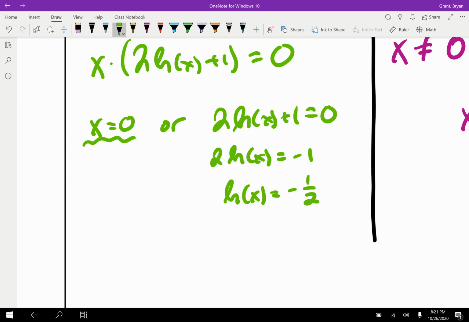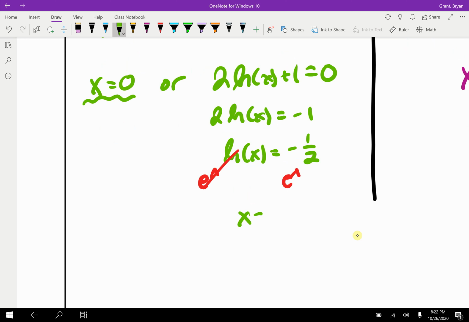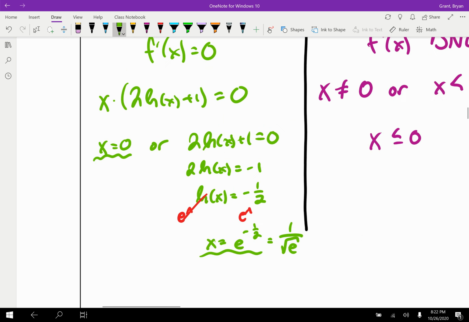Then remember how to undo natural log, and that's where we do e to the power of both sides. That finishes us off with x equals e to the negative 1/2 power. If you wanted to write this a little bit further, you could say it's 1 over the square root of e, if that makes you happier too. Either one is fine. I would probably stop earlier. Okay, great. So we found those.